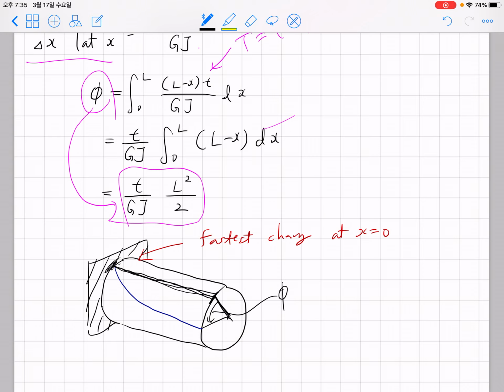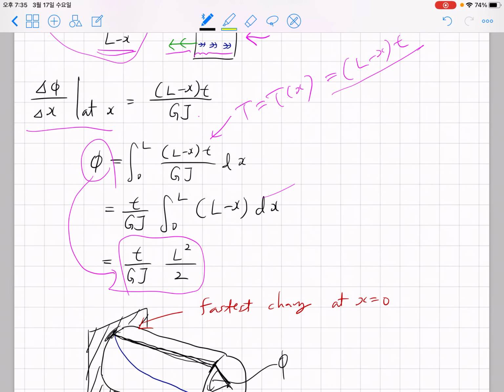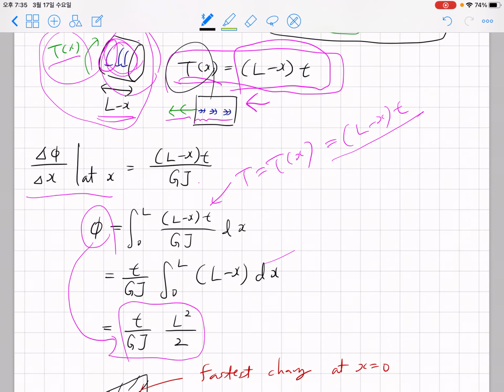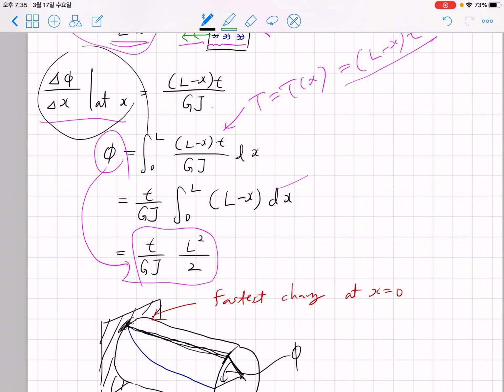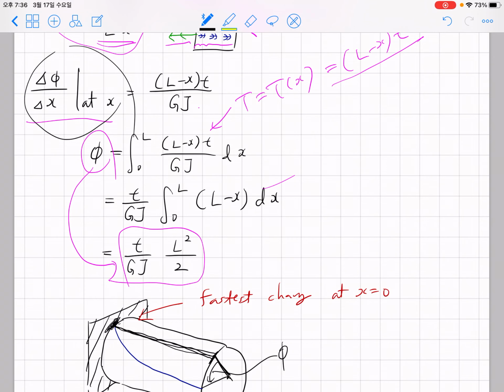We are not going to have a straight line for this problem, because we have different torque T at different x points, and we have a different rate of change. The rate of change of this twist angle, delta phi over delta x, is different, and actually it's largest when it's near the wall.